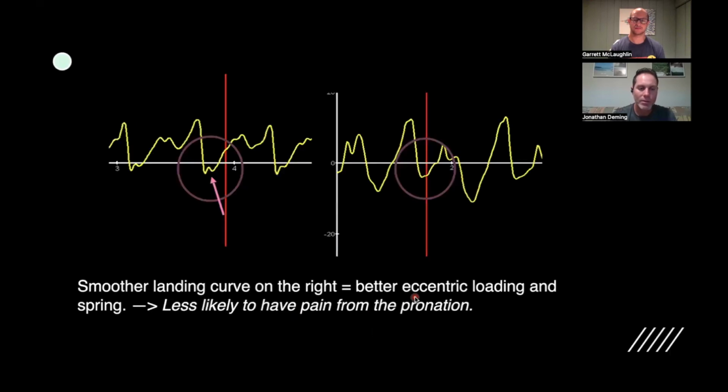I'm going to compare two landing curves now. This was the one before with that younger runner coming down here, and you can see this notch. That little inefficiency is what I simply call it, versus this one here, where it's a little bit smoother and it's coming back up.